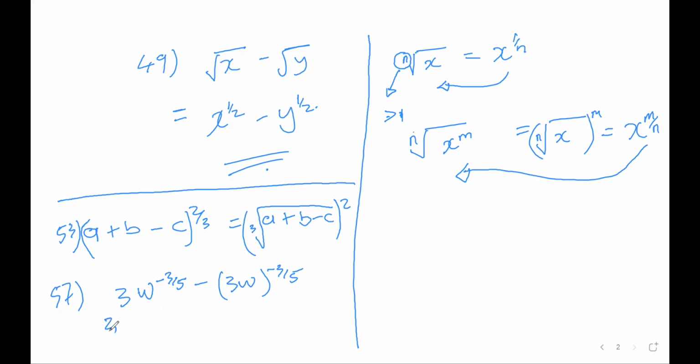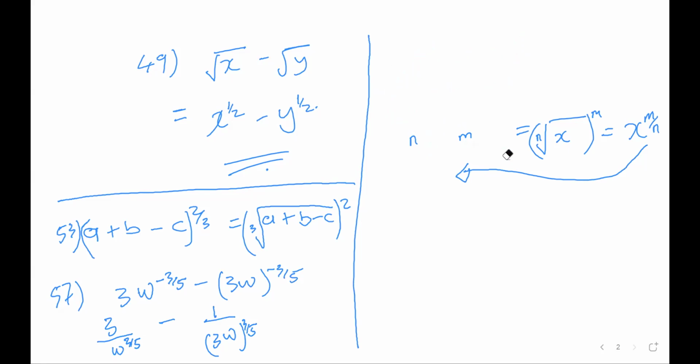So this becomes 3/w to the 3/5 minus 1/3w all to the 3/5. All right, that's what it becomes. Then we are ready to write our exponent as a radical.